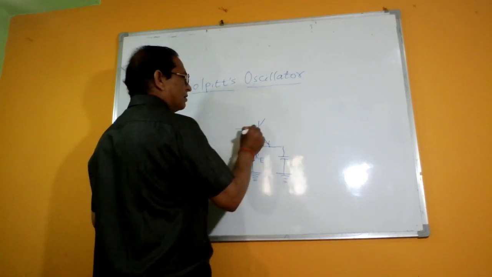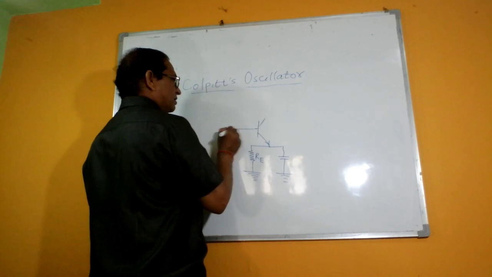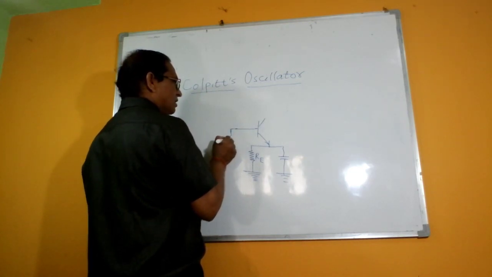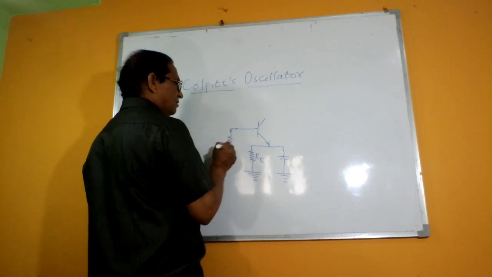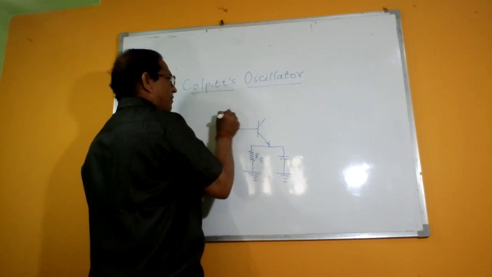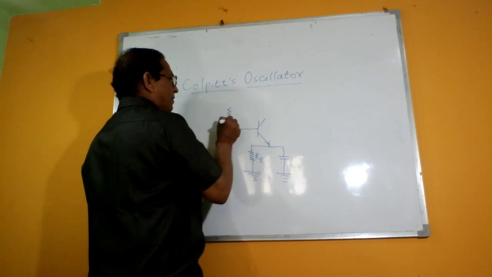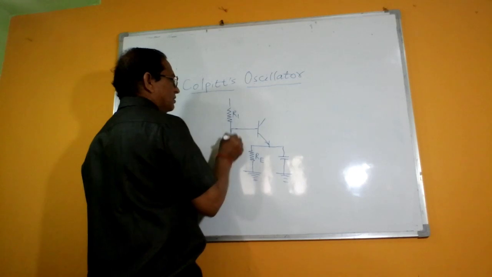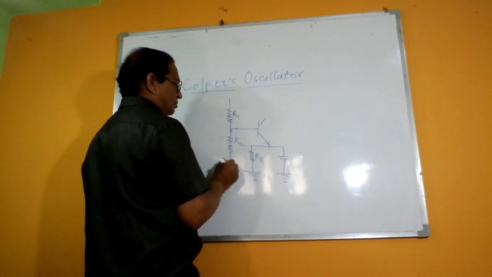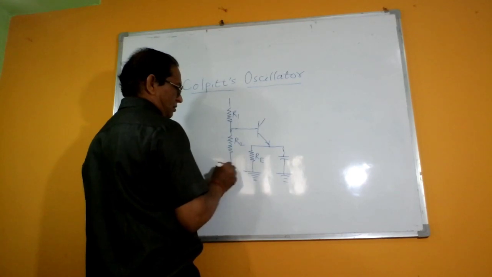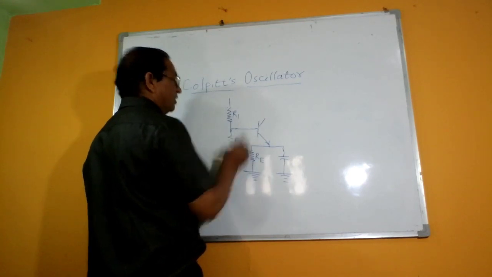Then this biasing is there. The voltage divider arrangement of the resistances R1 and R2. So this is resistance R1, this is resistance R2, and the second terminal of this one is to be grounded.